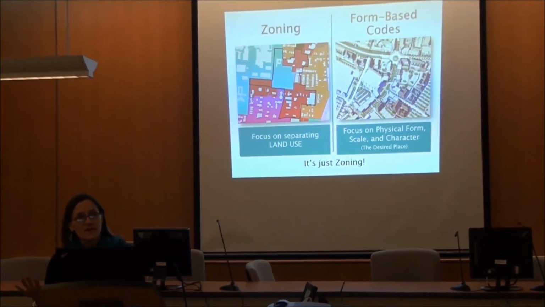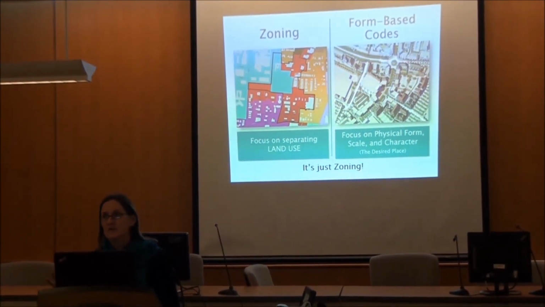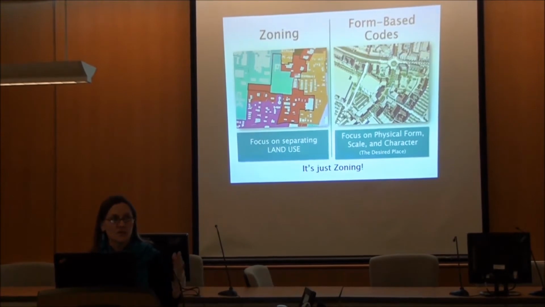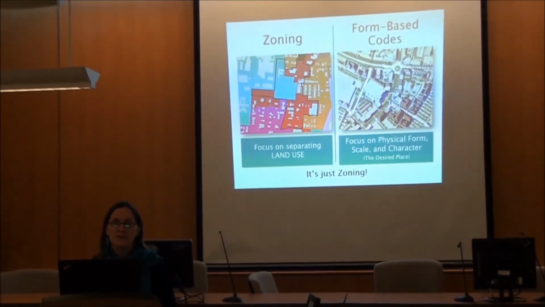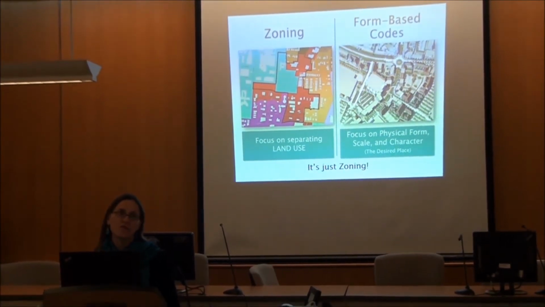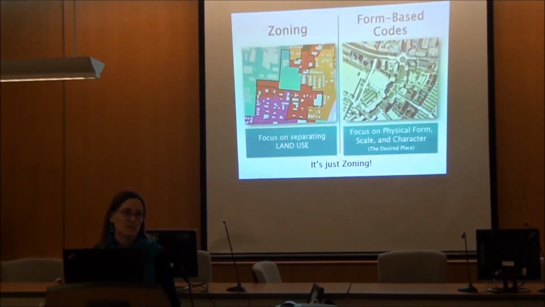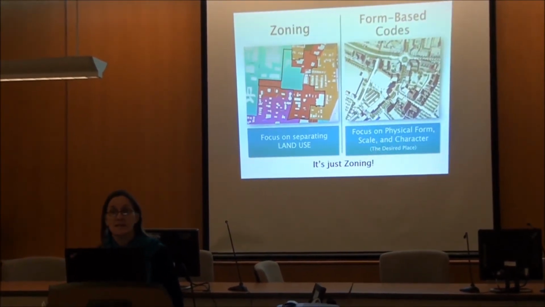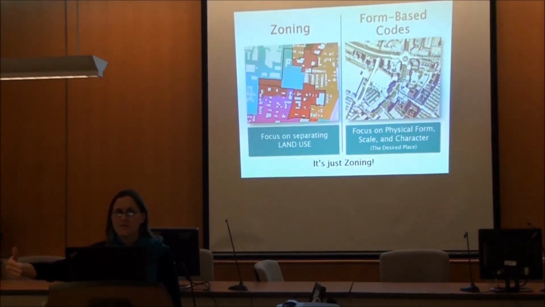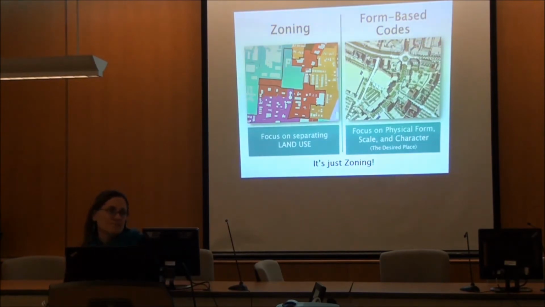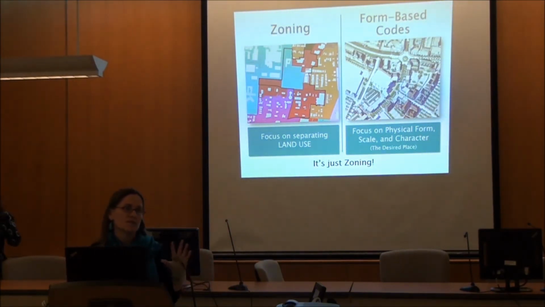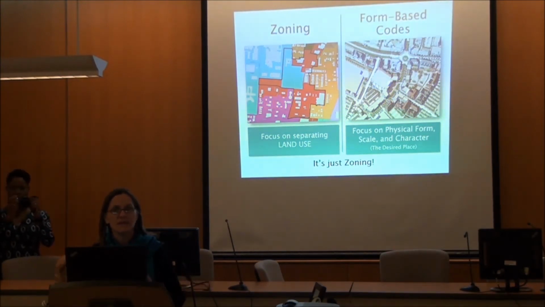The current zoning we have is really focused about 80% on the use of the land, or the use that happens inside the buildings, and only about 20% on the form, the physical form of the building, like how tall the buildings can be, how far they sit back from the street, those sorts of things. A form-based code just basically flips that percentage, and it focuses more on the physical form of the building, getting the scale and the character of the buildings right.